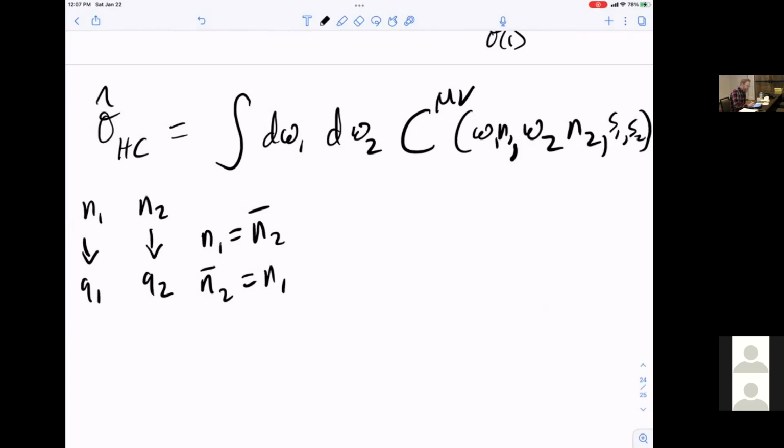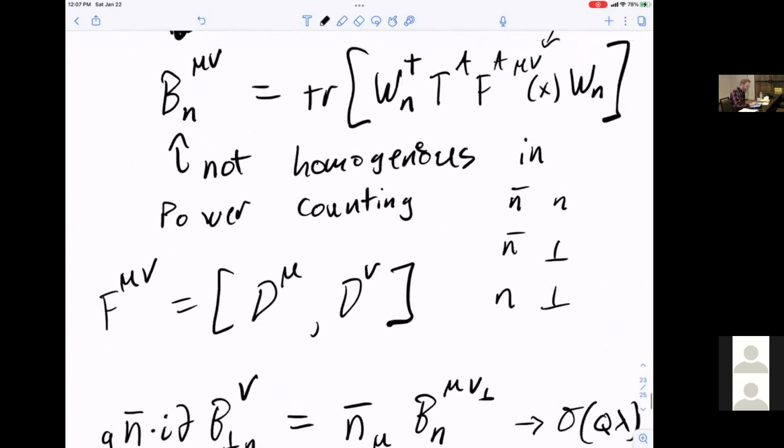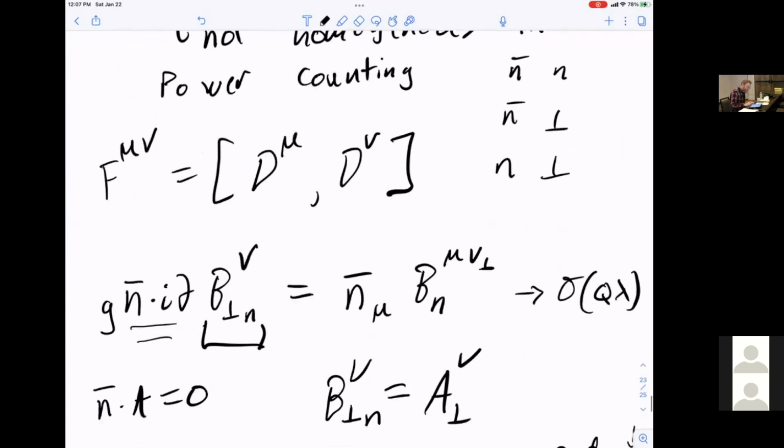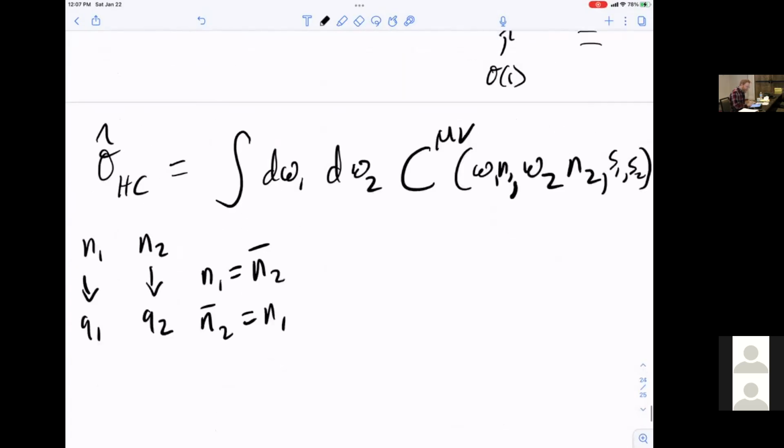I said my matching coefficient can be an arbitrary function of this derivative, my n bar partial derivative, right? Well, I'm not actually going to write that derivative in there. Instead, I'm going to do a little bit of a trick. I'm going to write omega 1, omega 2.